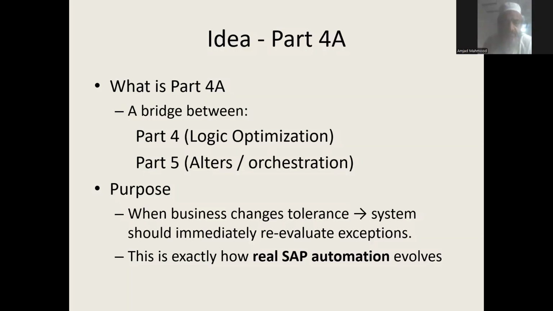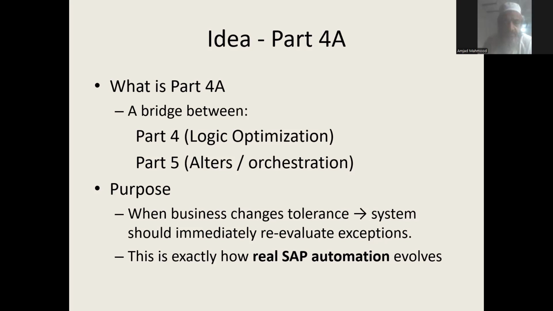Up to now, we fixed the logic and reduced the false exceptions. But in a real business scenario, tolerance does not stay constant. You need to keep changing it through trial and error to optimize your analysis. Sometimes management wants 0 tolerance, sometimes they allow 10%, sometimes they even want more.